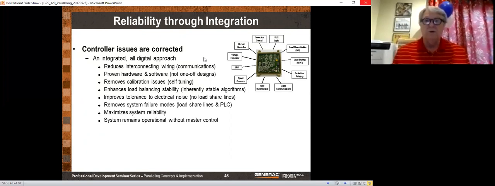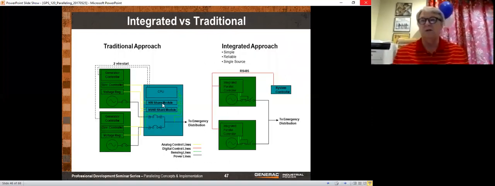So you get reduced interconnecting wiring, proven hardware and software, no custom software. You don't have any calibration issues. Everything is digital. It enhances load balancing. You get improved tolerance to electrical noise. A lot less wiring helps your electrical noise. Reduced system failure modes, higher reliability, and the system remains operational regardless of what fails. There is no single failure point in this system.